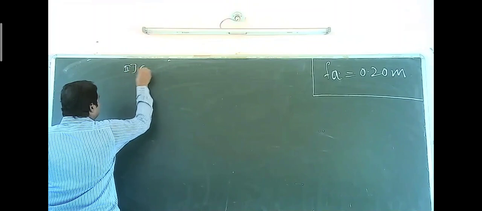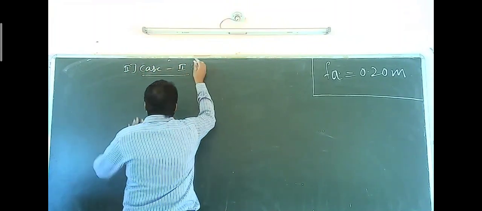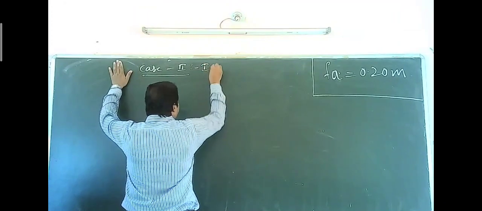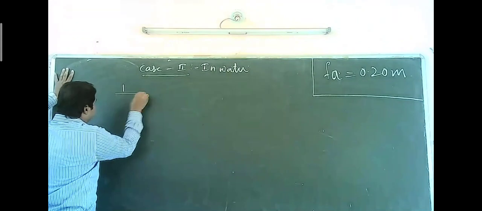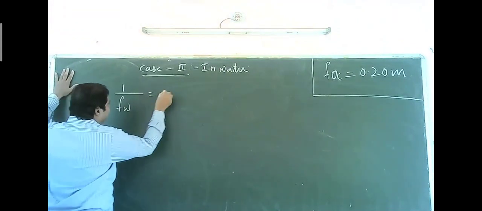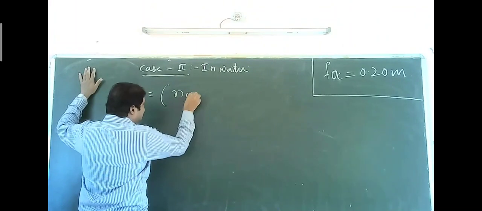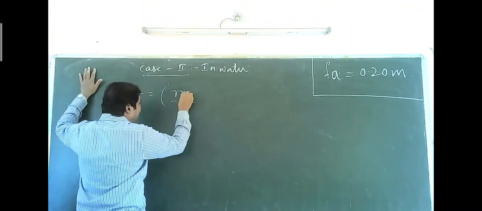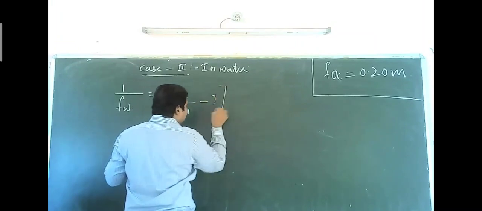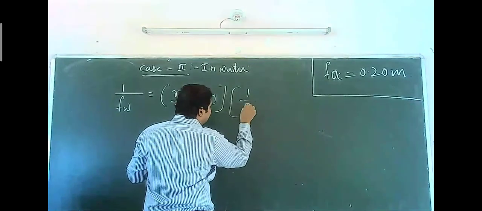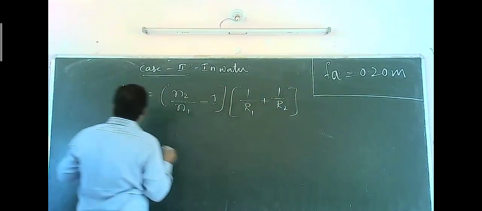Case 2, the lens in water. 1 divided by the focal length in water is equal to the refractive index of glass with respect to water, n2 by n1 minus 1, multiplied by 1 divided by R1 plus 1 divided by R2.